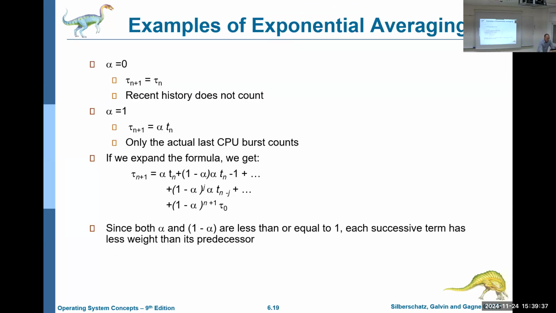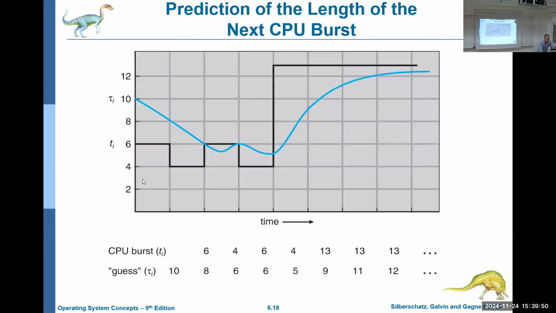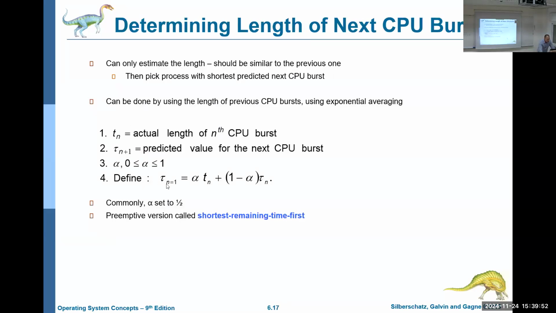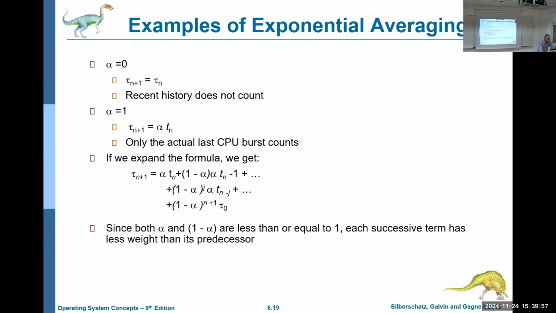Okay, so here this is just showing you how you calculate the next prediction. Here it says tau n plus one, like it should be. Here was a mistake, I don't know why. I've seen this slide many times, I think it's been fixed and then unfixed, anyway.